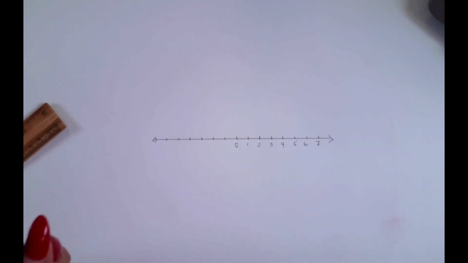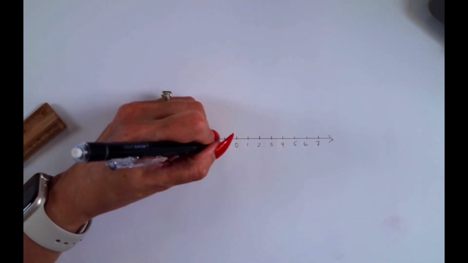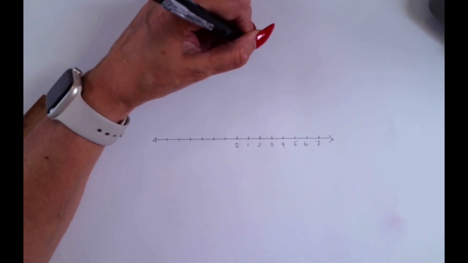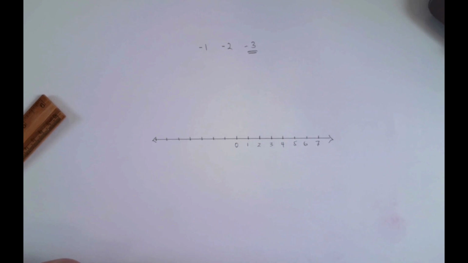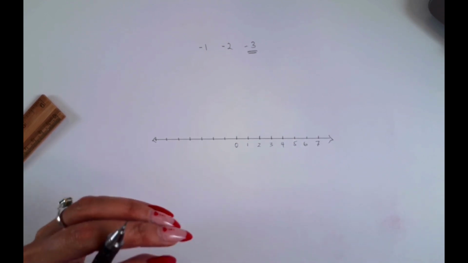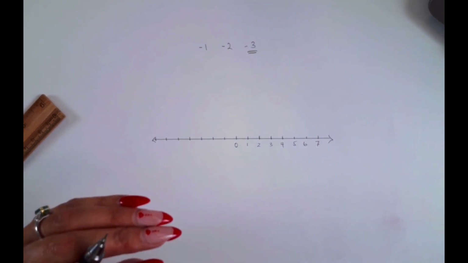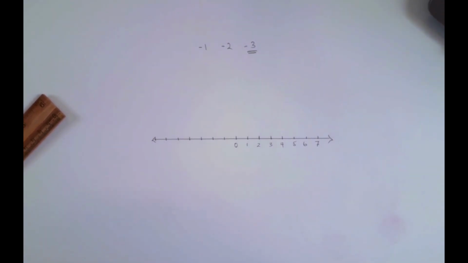However, a common misconception is that students will see things like -1, -2, -3 and recognize the digit, but won't recognize that -3 is actually a lot smaller than -1, whereas when we deal with positive numbers, 1 is smaller than 3. That's one of the first hurdles you want the students to understand.